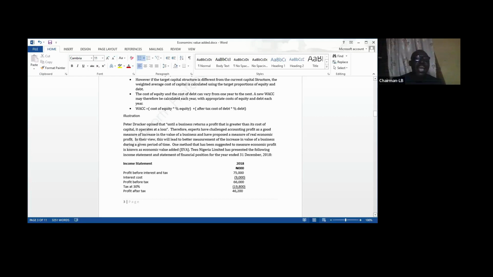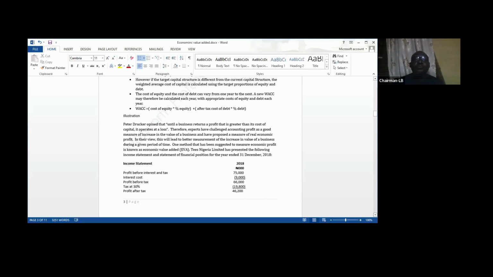Therefore, experts have challenged accounting profits as a measure of increase in the value of a business, and have proposed a measure of real economic profits.